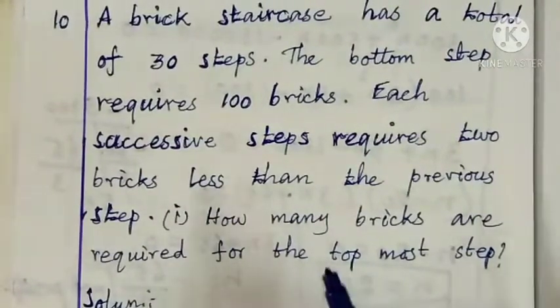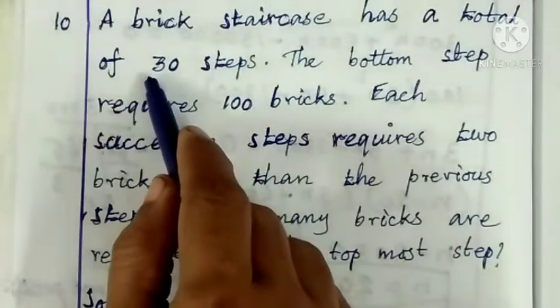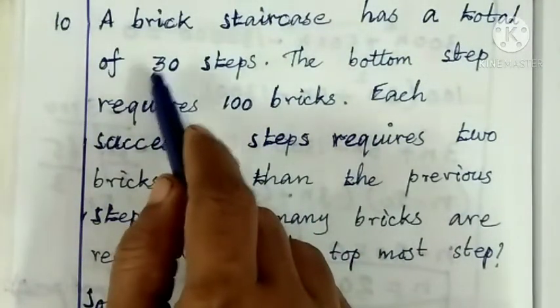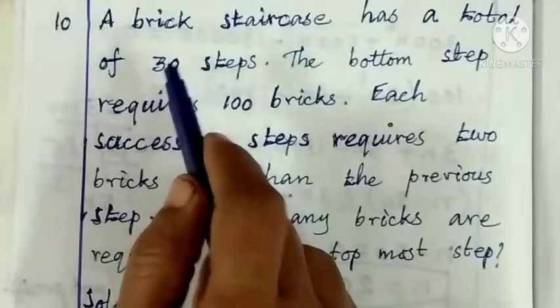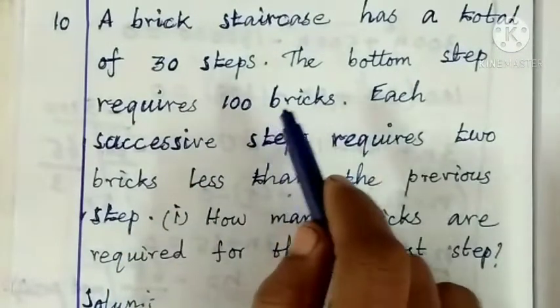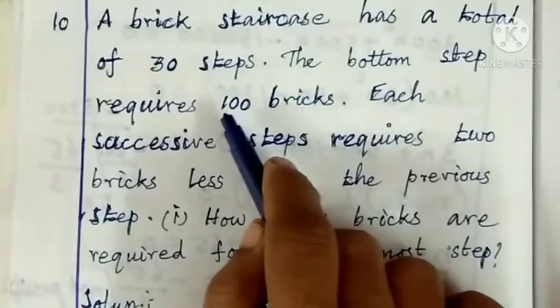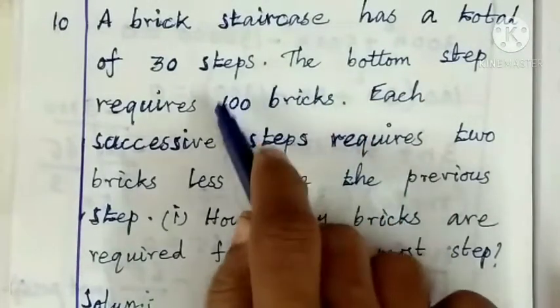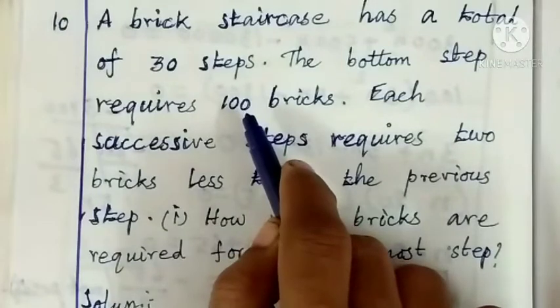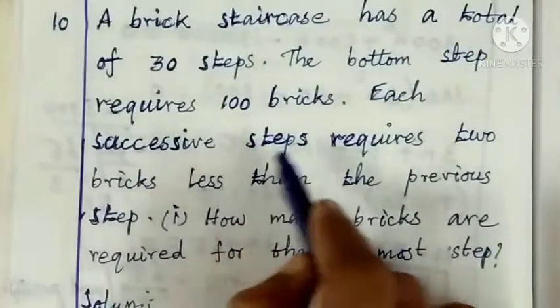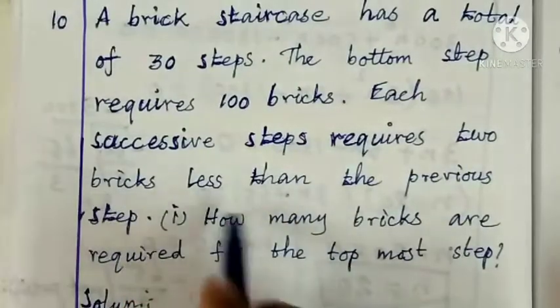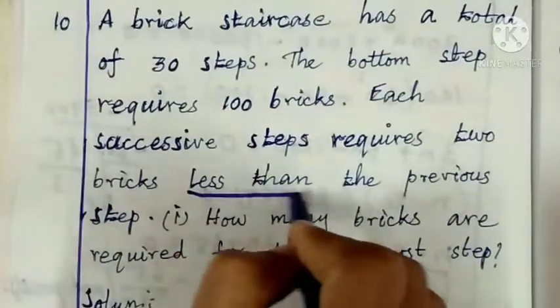In this question, total number of steps is given, that is n is equal to 30. Then the bottom step 100 bricks, which means the first term of the series is 100. Each successive step requires 2 bricks less than the previous.